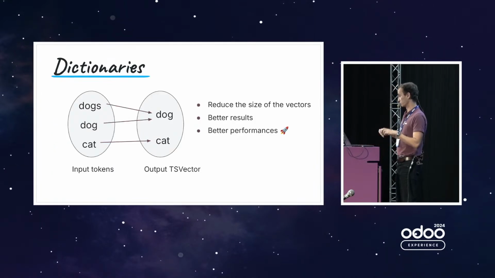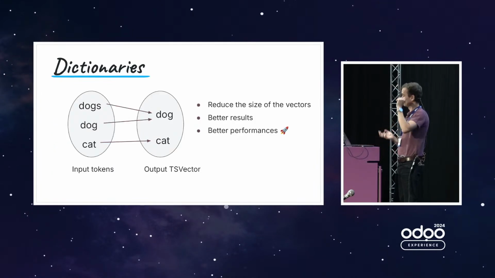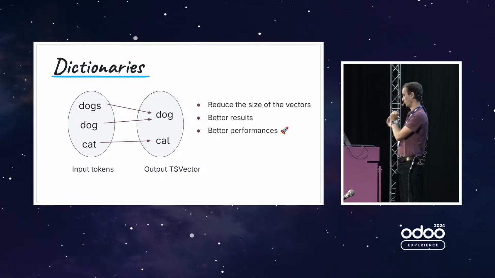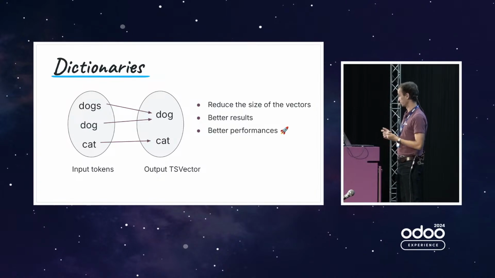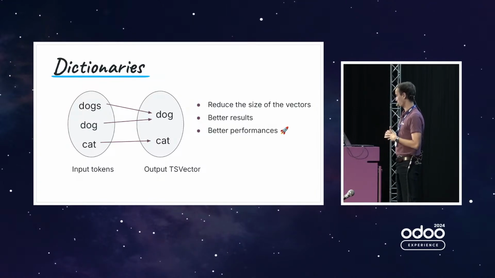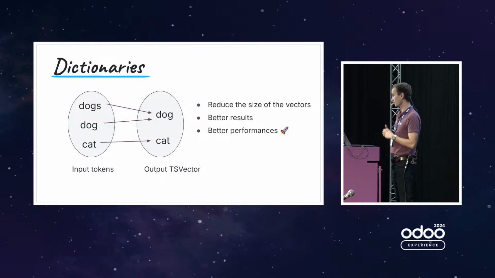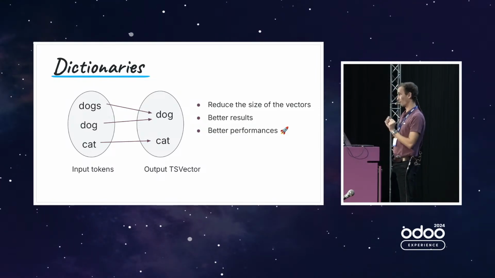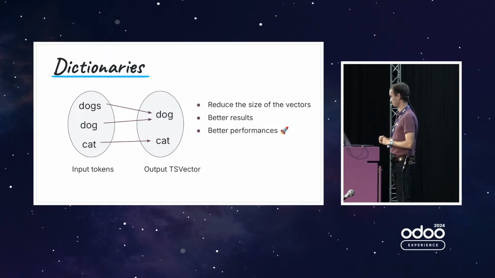It is a surjective function: it takes an input token and produces a smaller version for the output vector that will be generated. This guarantees that it will reduce the size of the vector, and you will also get better results, because if you search for dogs with an S or without an S, you will find the article containing the word dog.